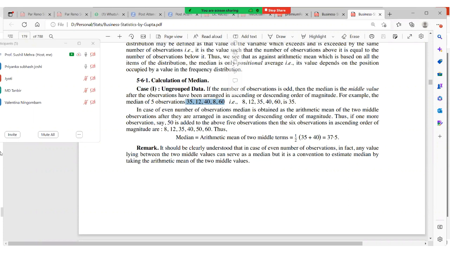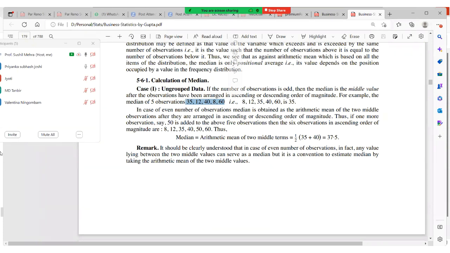So always remember that you are doing it in ascending order. That is the easy way. So always arrange the data in ascending order.